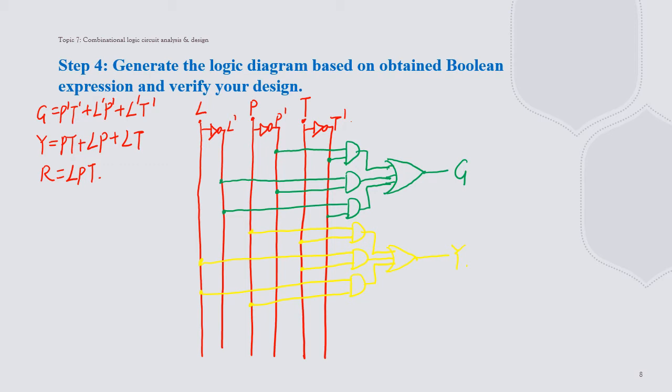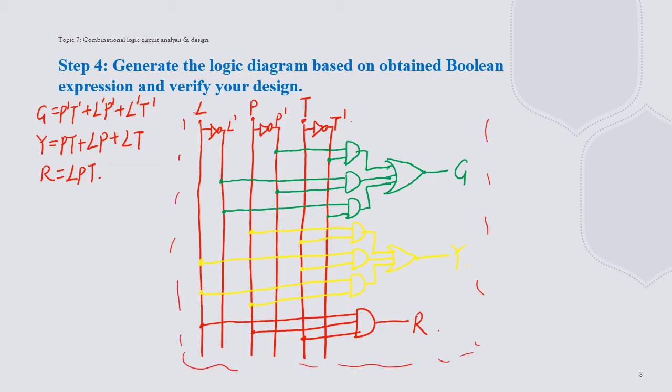For the red light, we have L, P, T, just one gate. So that's the logic diagram. If you fabricate this whole thing into a chip, basically this is our safety system.